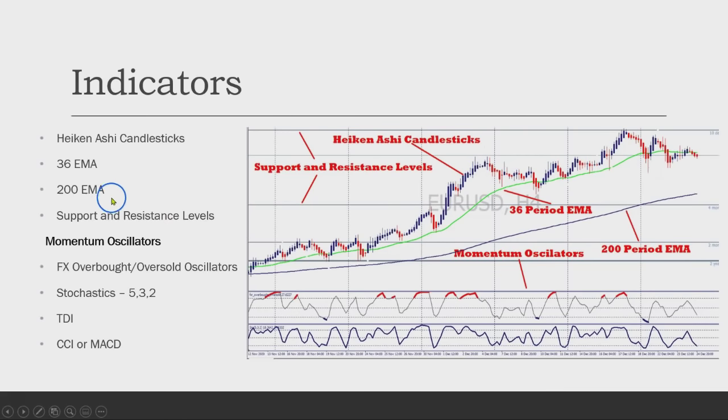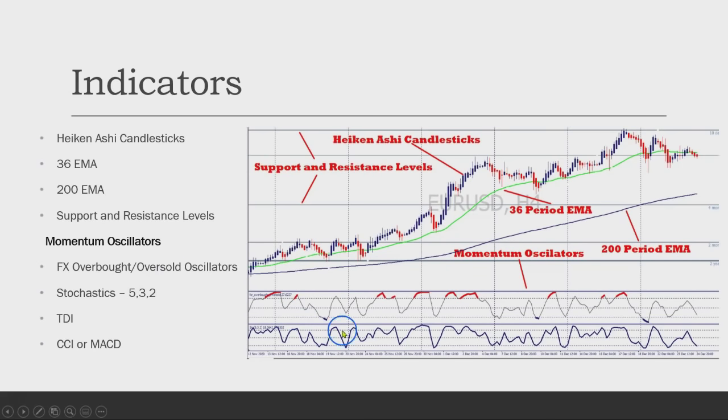I use the 200 period moving average. It tells me the dominant direction of the trend for that currency pair that I'm trading. Right? A lot of banks, a lot of institutional traders, a lot of retail traders use this 200 period moving average to show direction. Then my momentum oscillators. Now, pick and choose the momentum oscillator that works for you.